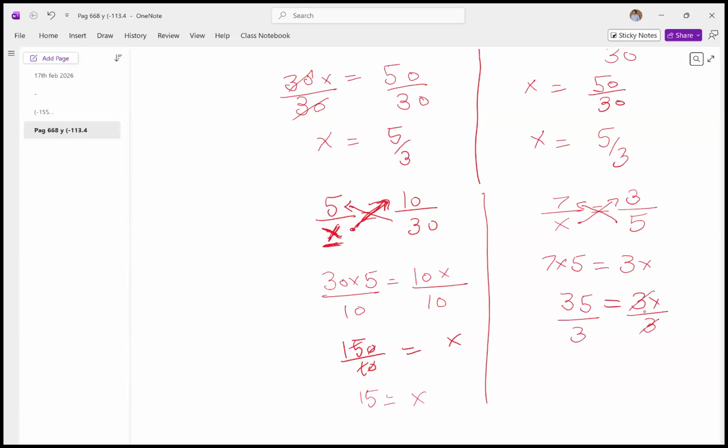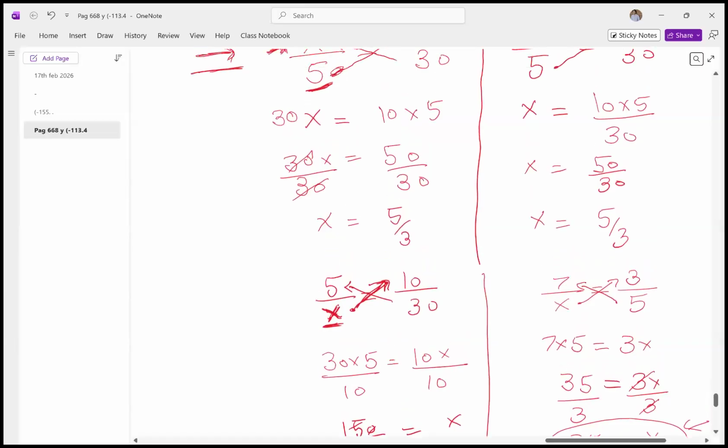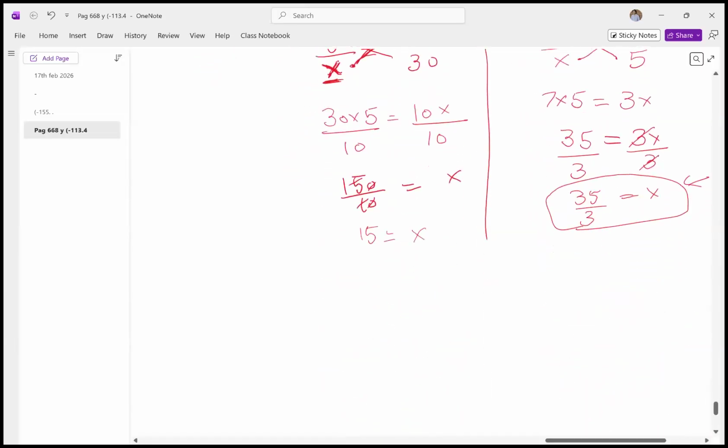So the answer is x equals 35 over 3. I'm writing it in fraction form. You can write it in decimal form also. Whatever the question is asking, you can write it in that particular format. Hopefully this helps you understand how to do the cross multiplication.